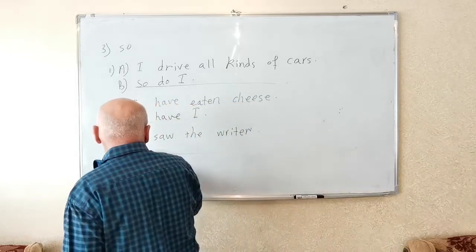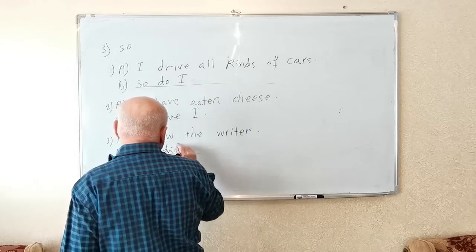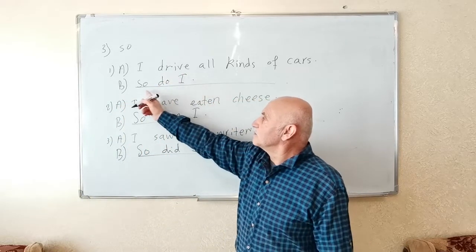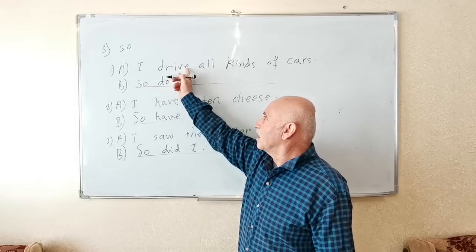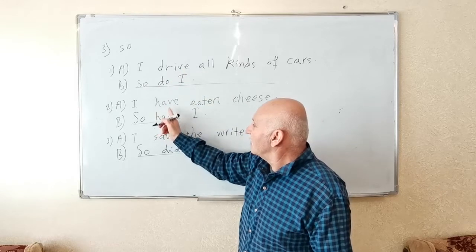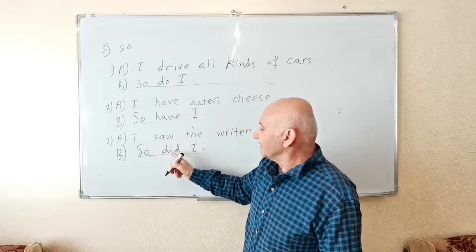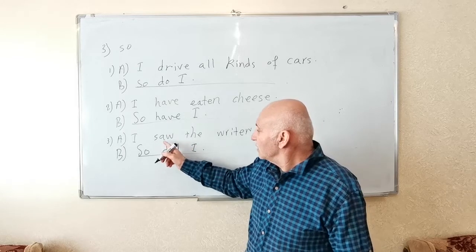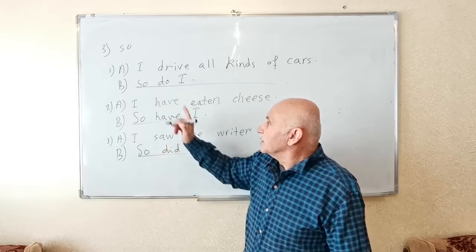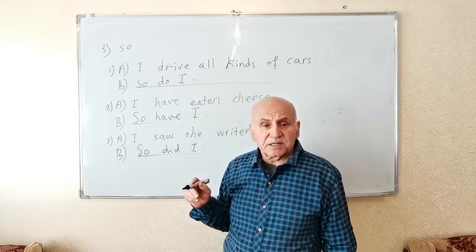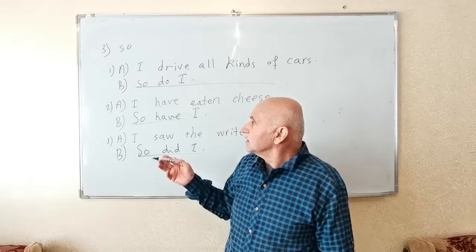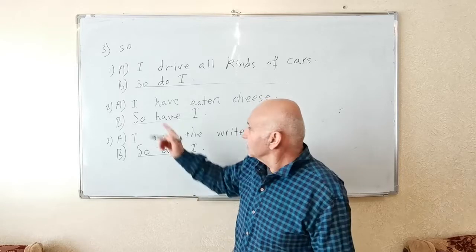Again. I drive, so do I. Drive, do. Have, so have. Saw, so did. Why? Because saw is a verb in the past form. Now this agreement, the agreement with so, is used with inversion.